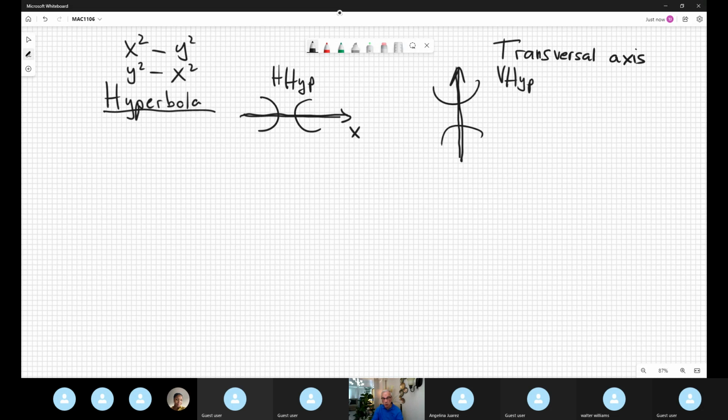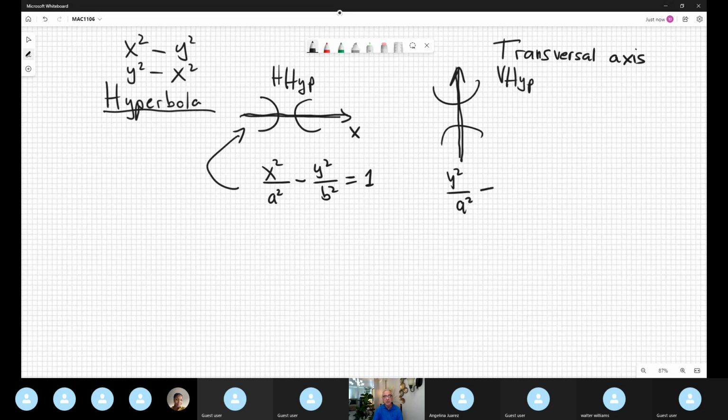How do you know? Look at the equation. Well. So you see the equation like that. X squared over a squared minus y squared over b squared equal 1. This is a standard. This corresponds with this. However, this is different. It's y squared over a squared minus x squared over b squared equal 1, corresponding with the vertical, in which the transversal axis is parallel or coincident with the y-axis.